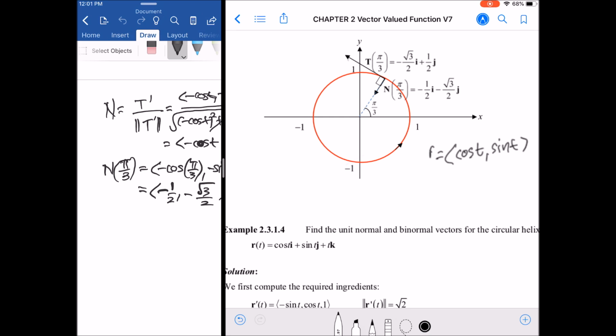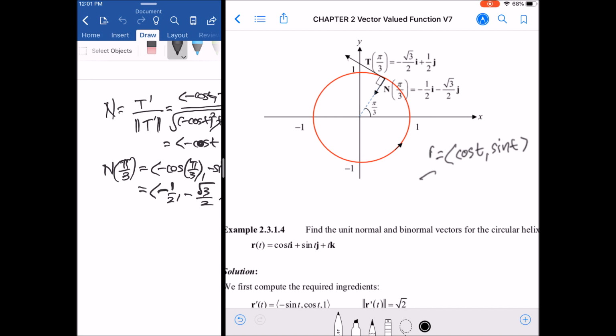The parametric curve for this vector function is a circle, if you still remember from our previous topic. So you have a circle like this red circle here with a counterclockwise direction.